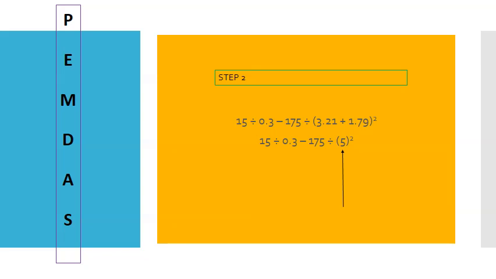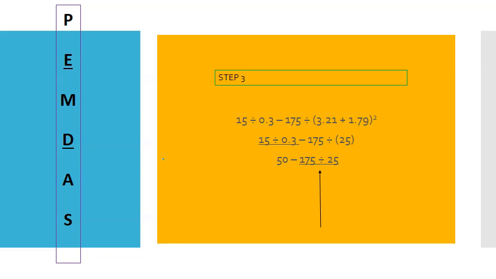So we're going to replace the 5 squared in the problem with 25, and we're going to rewrite it. Okay, so the next line is 15 divided by 0.3 minus 175 divided by the 25 that we got in our last step. Okay, so let's figure out now what we're going to do next.